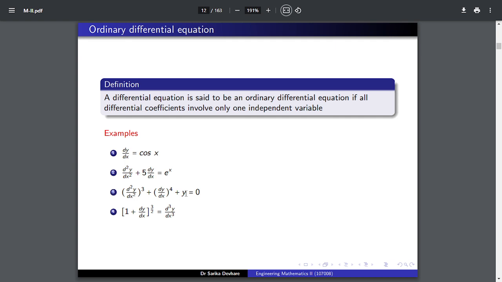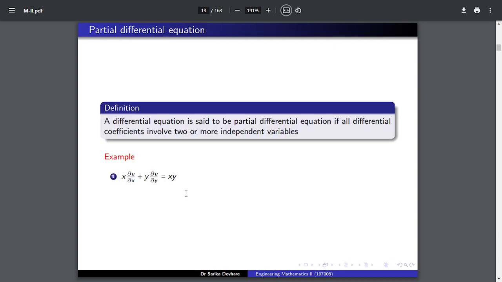The next type is the partial differential equation. A differential equation is said to be a partial differential equation if all differential coefficients involve two or more independent variables. Here is an example of a partial differential equation. Two independent variables are there, x and y, and u is a dependent variable.